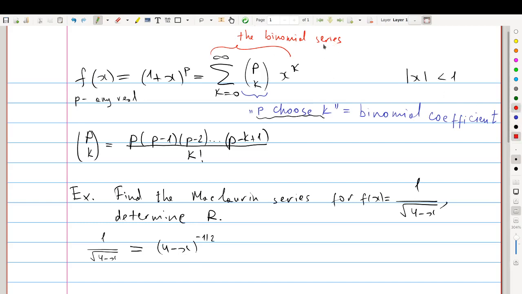We see that the binomial series is the Maclaurin expansion of (1 + x)^p, and p can be any real number. Now, in our case, we have something fairly similar: a constant minus x, to the power minus 1/2. So this is what plays the role of our p, and this, after some additional algebraic manipulations, will become the 1 + x.